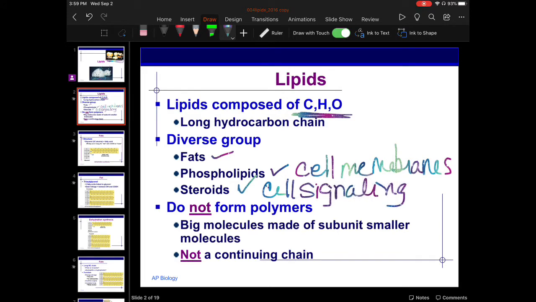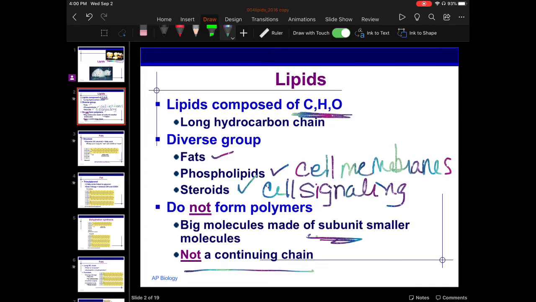But lipids also tend to be the smallest of all of the macromolecules because they don't tend to form polymers. They are made of smaller subunits, but they are not in a long continuing chain like all of the rest of the macromolecules have been up until this point.